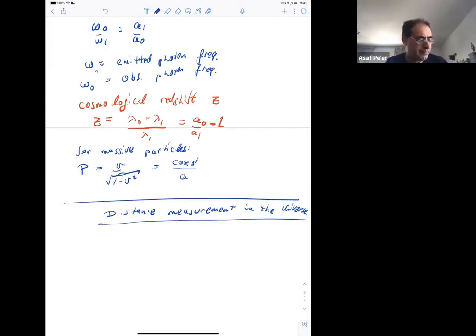That's a very crucial thing, which we kind of touched upon. I mean, we have a universe that expands, right? It's not constant. So how do we know the distance to another galaxy? How far is it from us? When you think of it, it's not a trivial question at all.